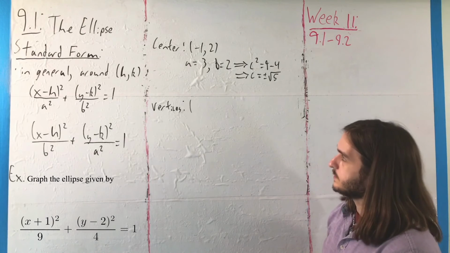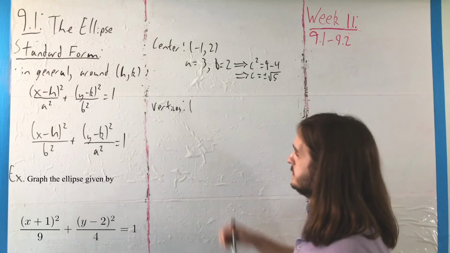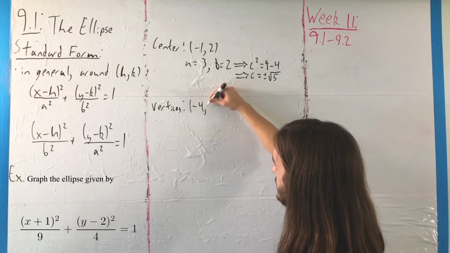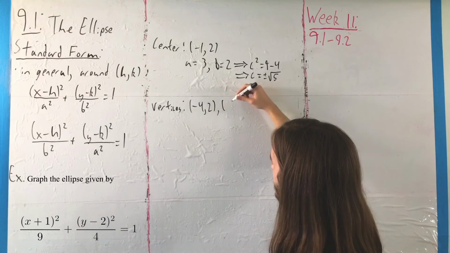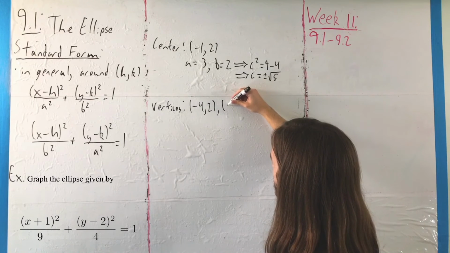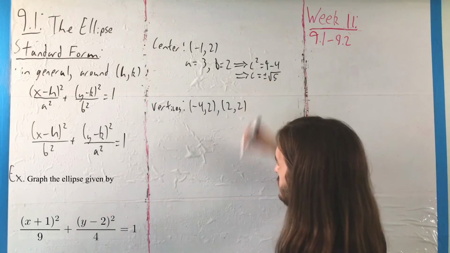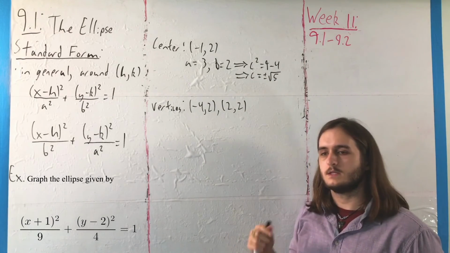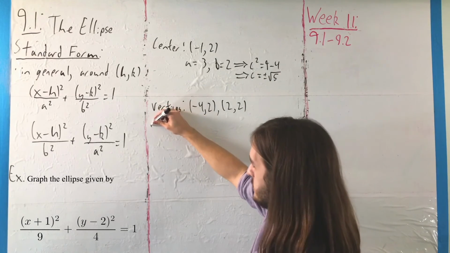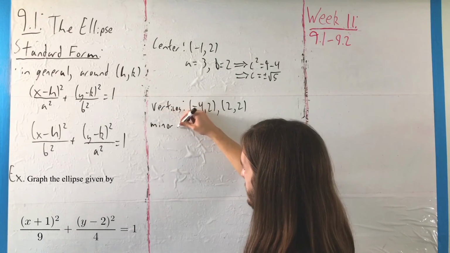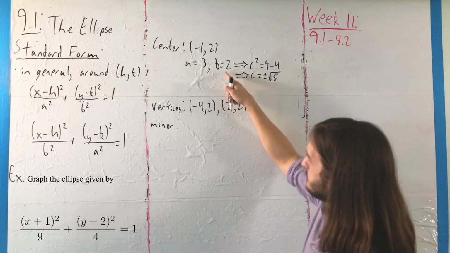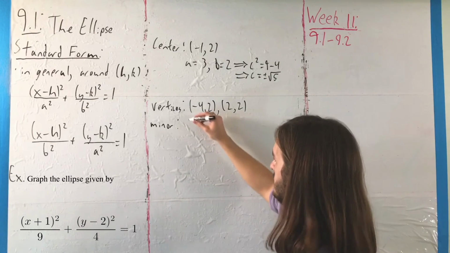So if we're working in terms of that x coordinate and we subtract 3, we will get (-4, 2) and (2, 2). Meanwhile, if we want to get our points along the minor axis, I'll just abbreviate that by calling it minor, we'll take the value b and do the same sort of thing with the k coordinate.